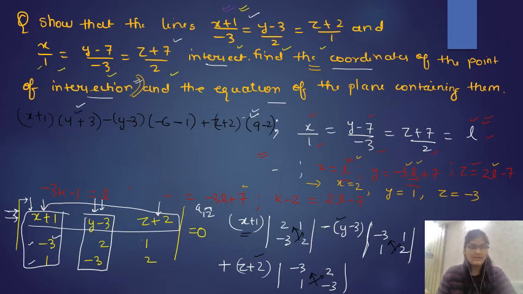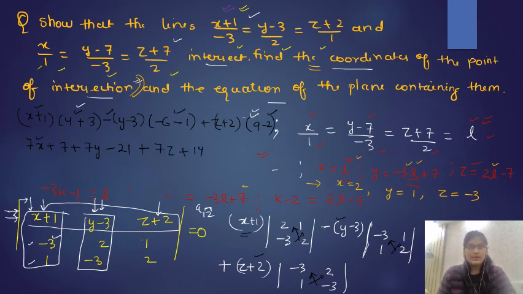So what have you got? 4 and 3, 7. So 7 multiplied with x plus 1 gives 7x plus 7. Then here it is minus 6 minus 1, which is minus 7. So minus 7 with this minus part will be plus 7y, 7 times 3 is 21, correct? And then you have plus 9 minus 2 is 7. So 7z, 7 times 2 is 14, correct?